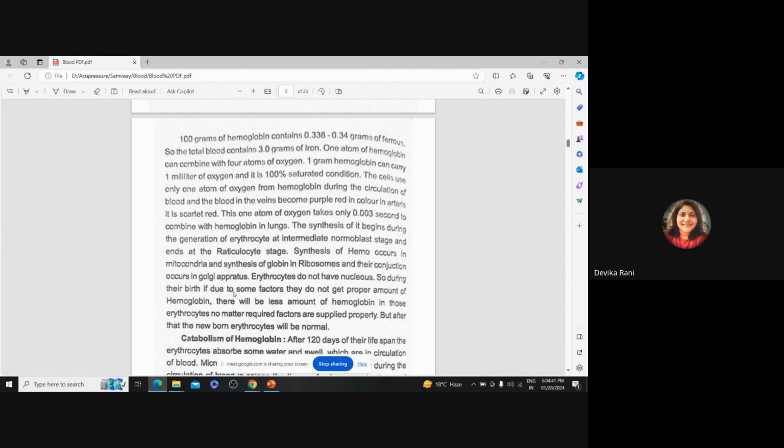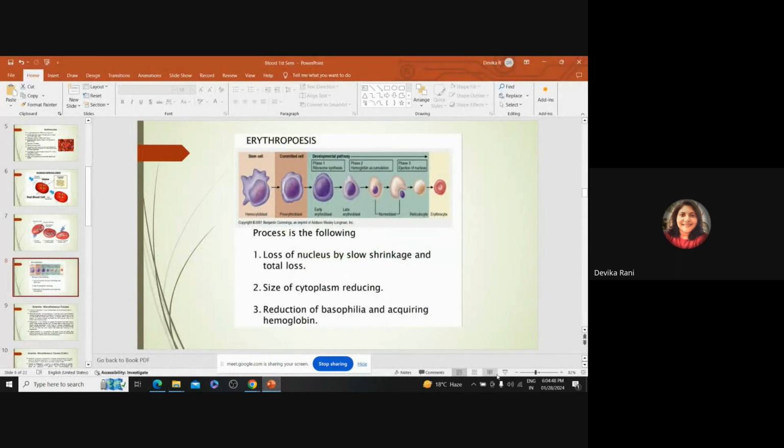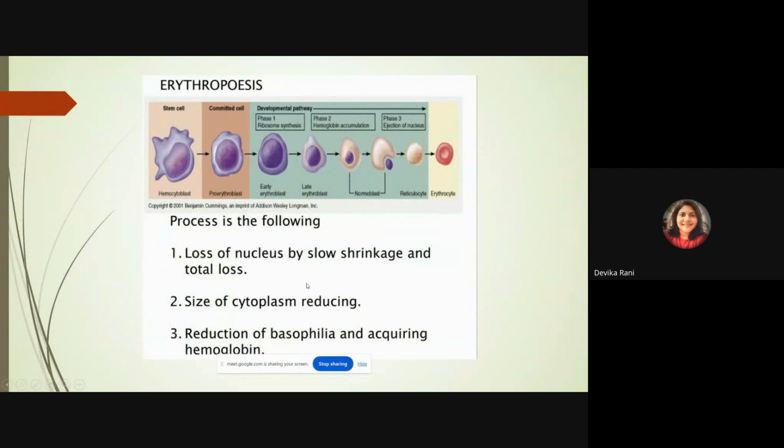So actually what happens is when the erythrocyte is initially being formed, there is a nucleus in it. It is not devoid of a nucleus. Slowly, the process of losing its nucleus starts by slow shrinkage and total loss, and the cytoplasm and everything starts reducing, and finally it becomes like this.